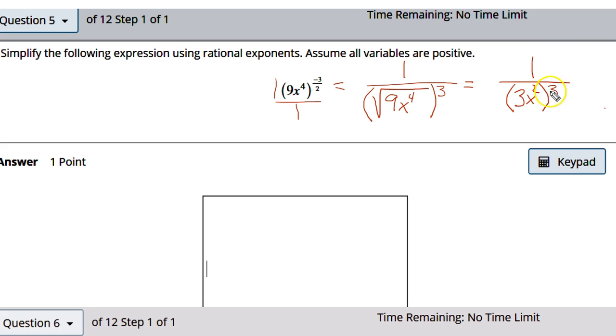Okay, so now it's rather easy. Our answer is going to be 1 over. Give you a moment to do this. Here we're using the power rule. 3 to the 3rd power is 27. And then we multiply our exponents, x to the 6th. And we have simplified that through a series of steps.